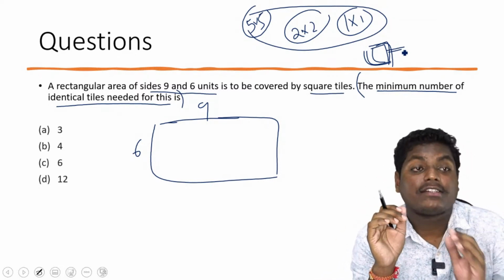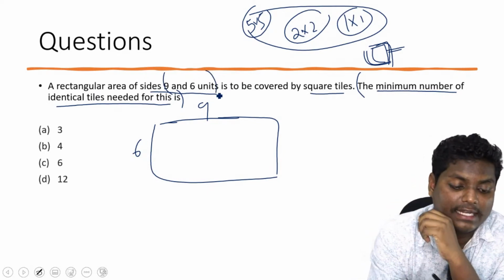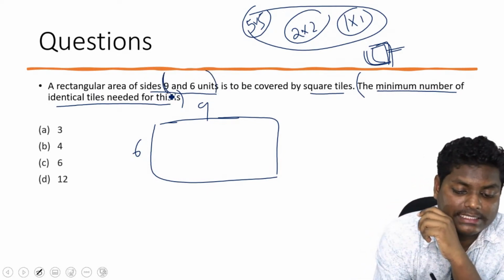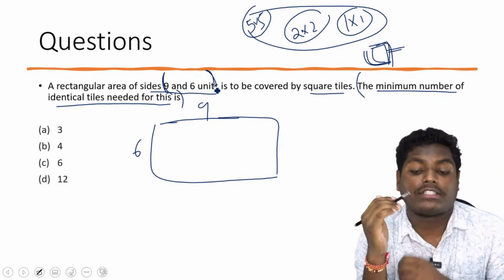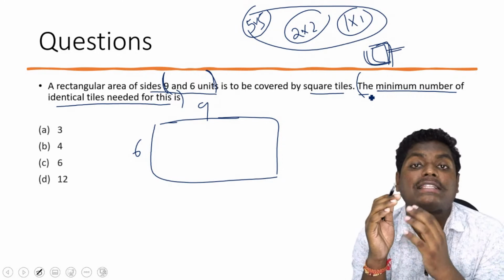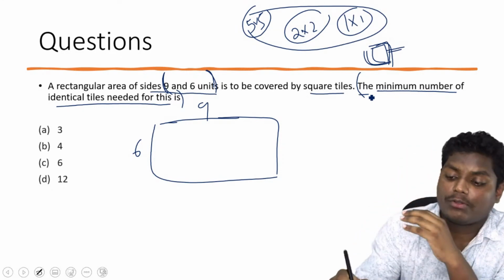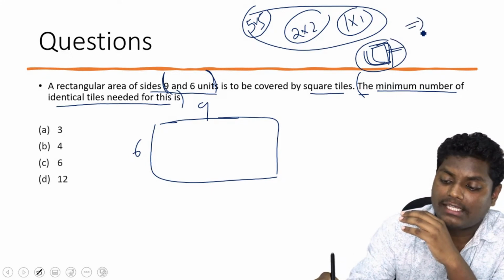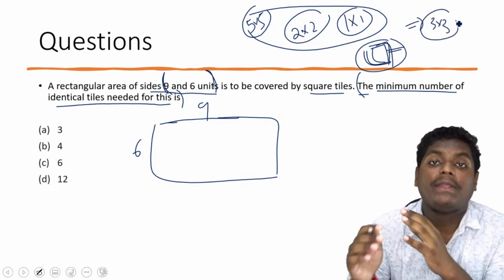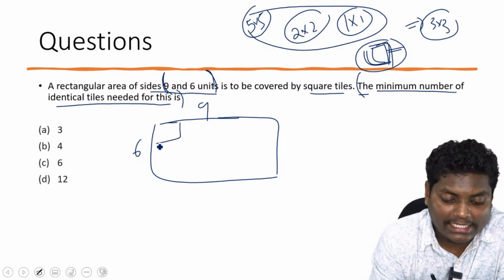There is a concept behind this. When we are trying to fill up this 9 cross 6 floor, we need to find the minimum number of tiles. So what is the dimension? We need to find the dimension of a tile which will be a factor of this. Why am I saying a factor? Suppose we want to align the square tiles.